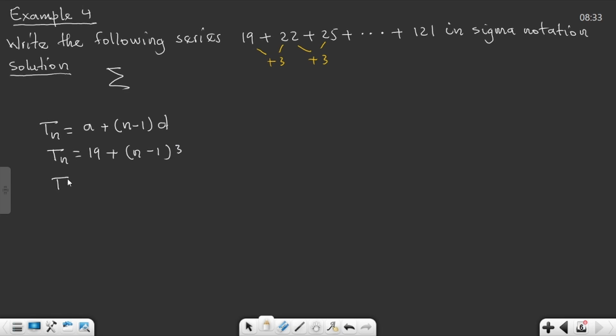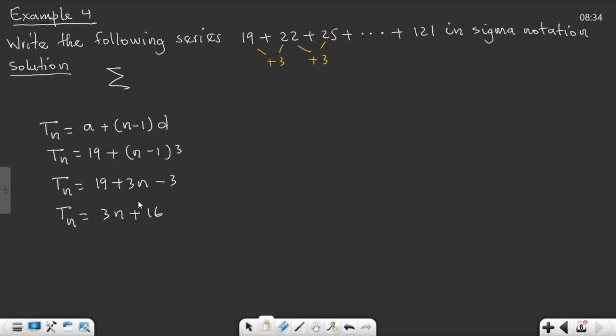So Tn is equal to 19 plus 3 times n, you have plus there, it will be 3n. 3 times negative 1, you have plus there, it will be negative 3. And Tn will be equal to 3n, and then you have 19 minus 3, which is 16.